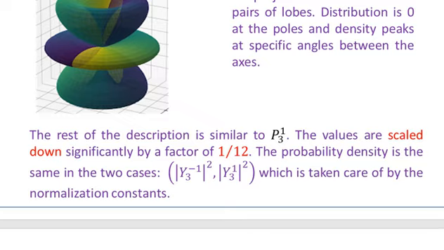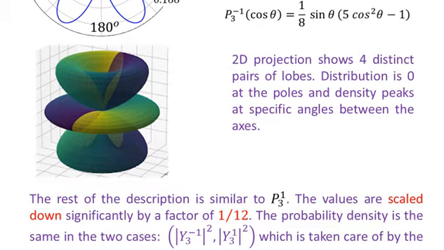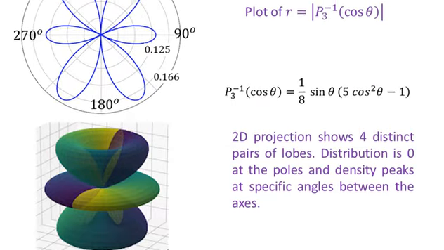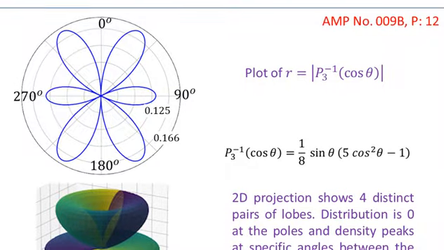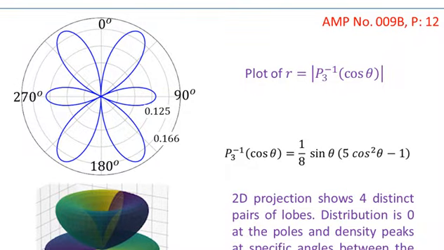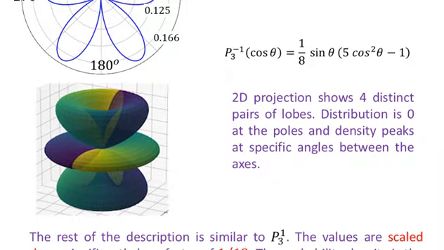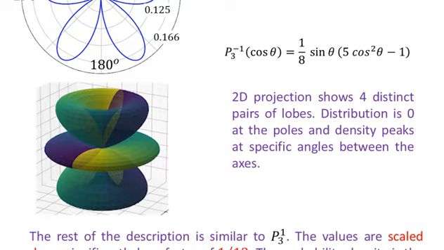So you see that the shapes are identical, only the magnitudes are different, and the magnitudes will be taken care of by the electron density, or the probability density of the electron, through the normalization constants used with the spherical harmonics.